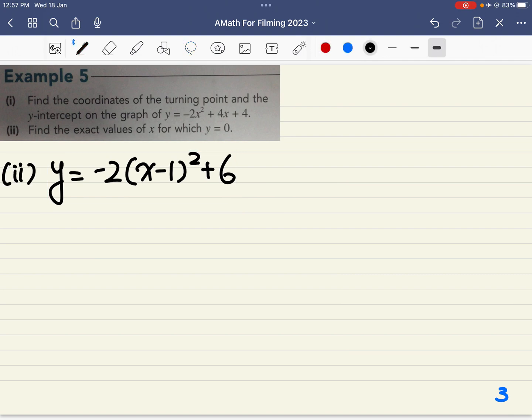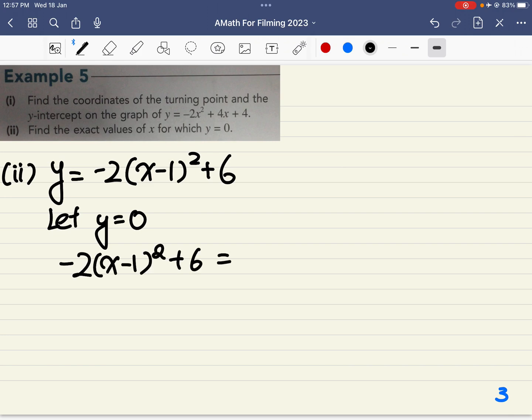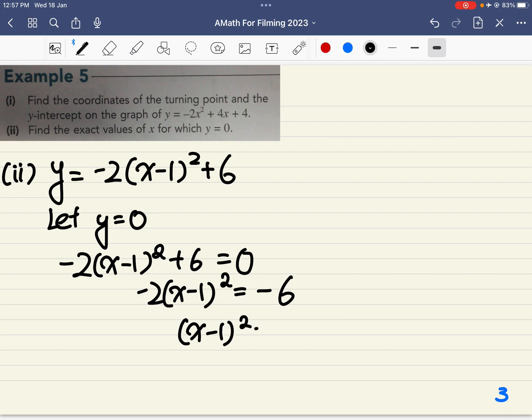So they say that when y is equal to 0, I will say let y equal to 0. -2(x - 1)^2 + 6 = 0. Then I will subtract 6 from both sides of my equation. I get -6. So here I get (x - 1)^2 equals positive 3.